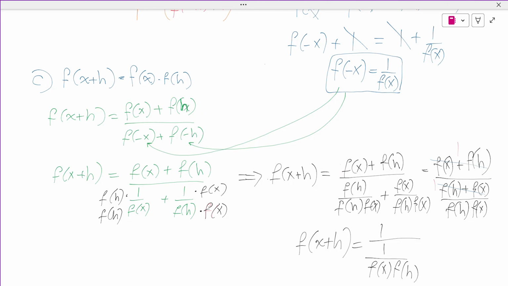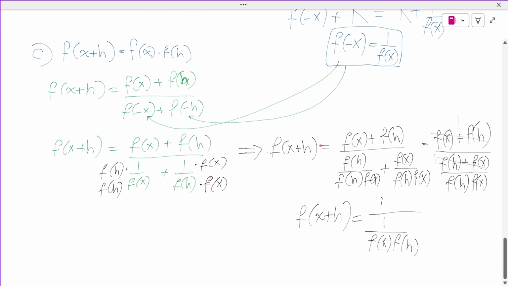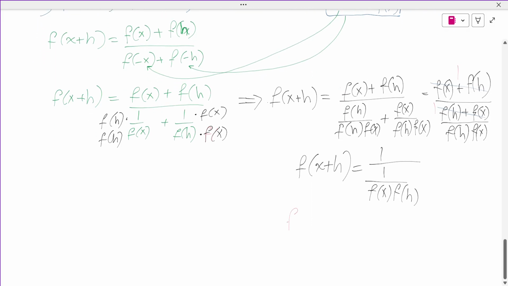That means you have f of x plus h equals f of x times f of h. So this is what the question is asking us to do. Because 1 over f of x plus h, this jumps here. So it becomes f of x times f of h. This is part C. This is what the question is asking us to do.